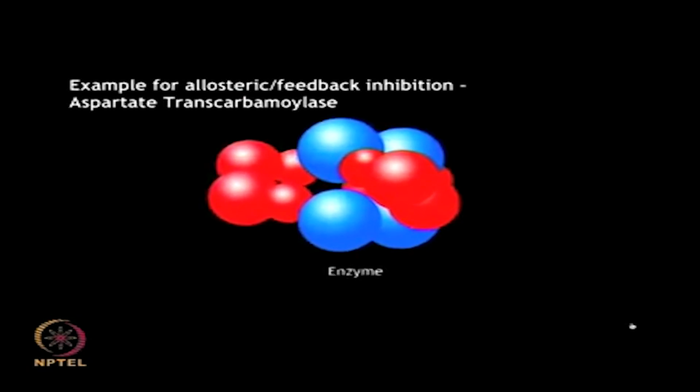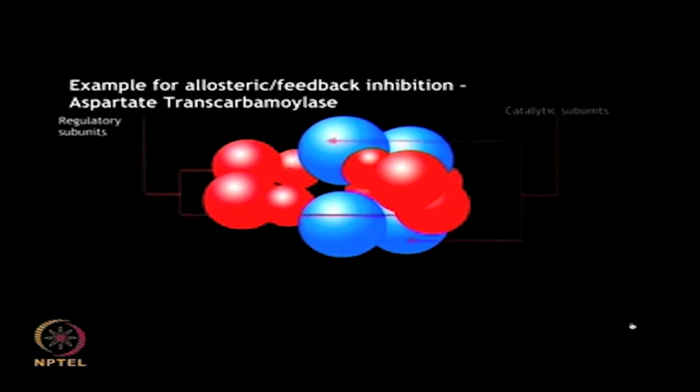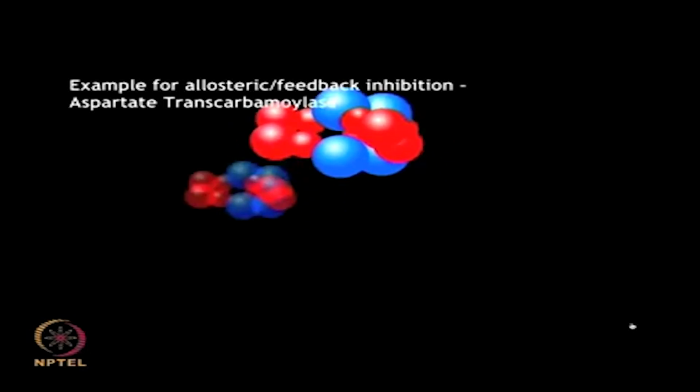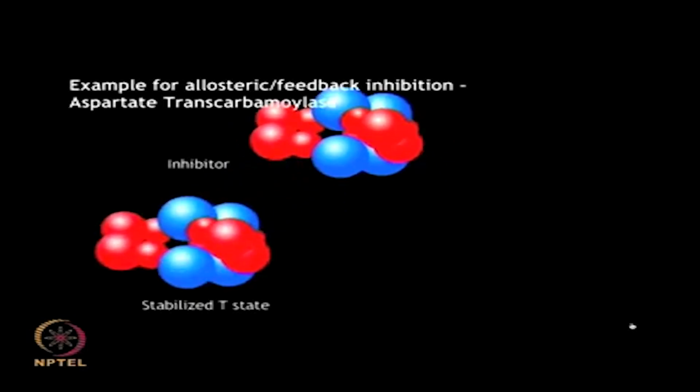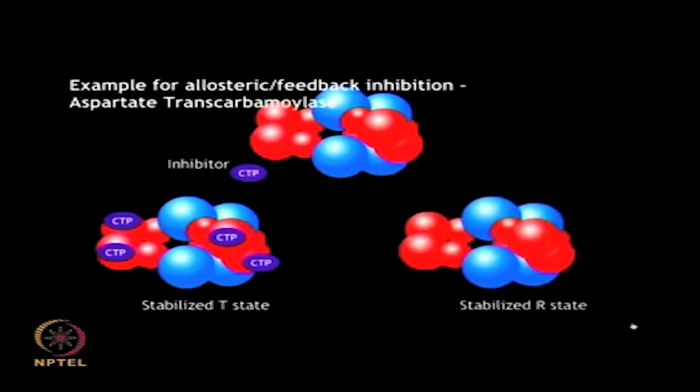Aspartate transcarbamylase, which catalyzes the first step of pyrimidine biosynthesis, is an allosteric enzyme having distinct regulatory and catalytic subunits. The binding of substrate to the catalytic subunits induces conformational changes that stabilize the relaxed state, or R state, of the enzyme, thereby facilitating the enzymatic reactions.